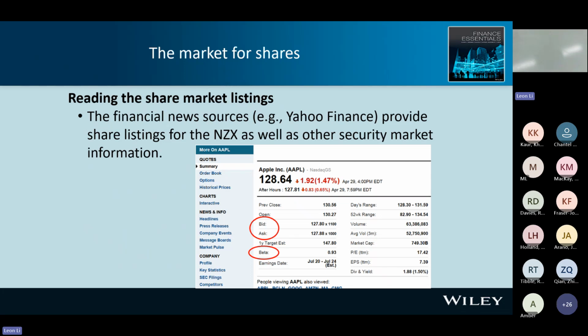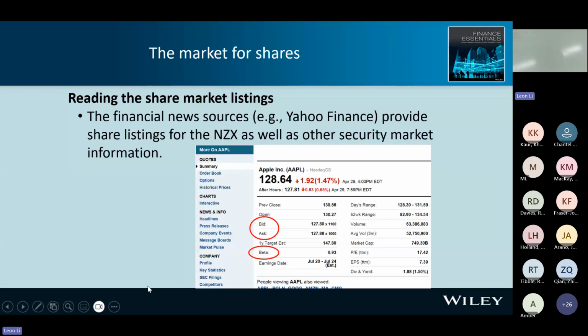Next slide, the market for share, reading the share market listing. Financial news sources, for example Yahoo Finance, provide share listing for the New Zealand exchange and other exchanges, as well as other security market information.